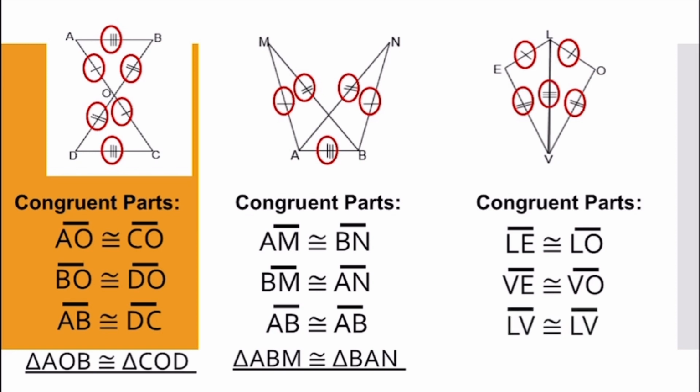And for our last pair, line segment LV is congruent to line segment LV by means of the reflexive property. Then, triangle LEV is congruent to triangle LOV. That is the SSS congruence postulate.